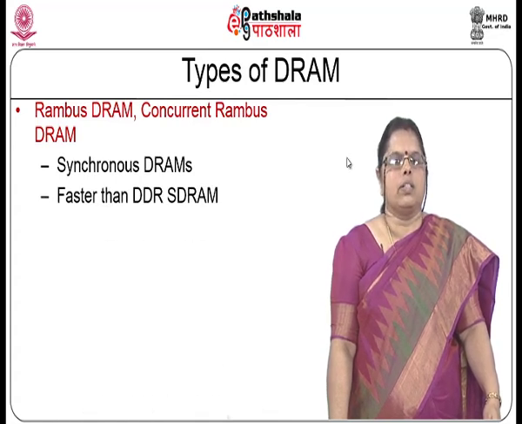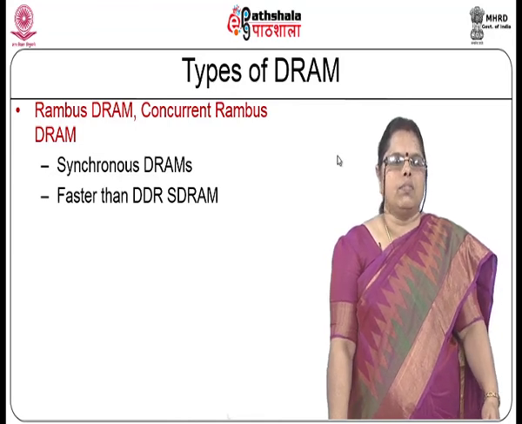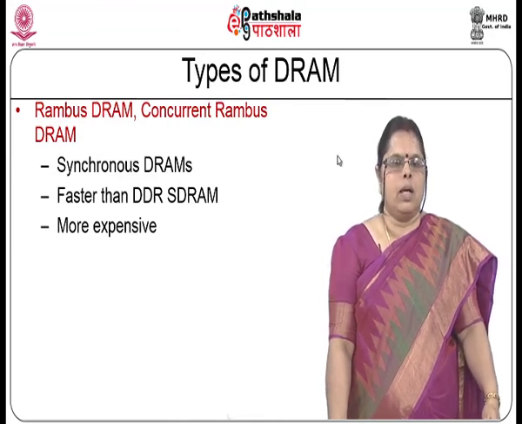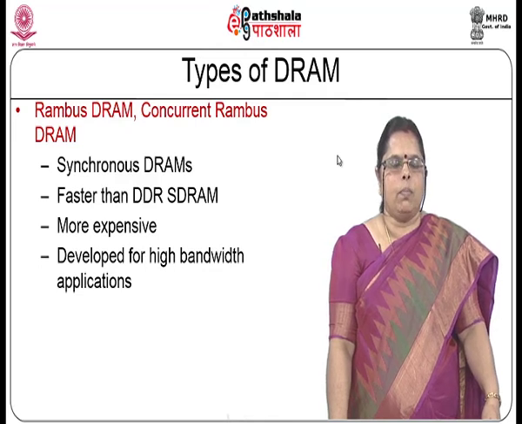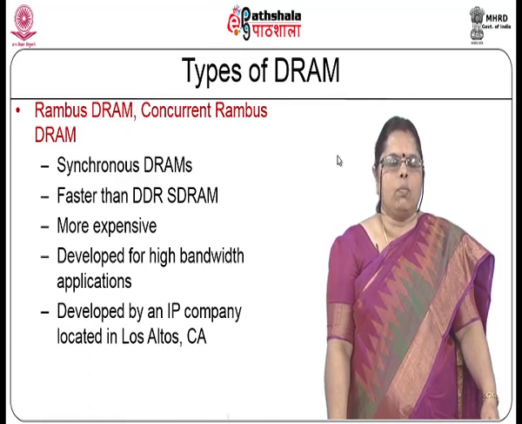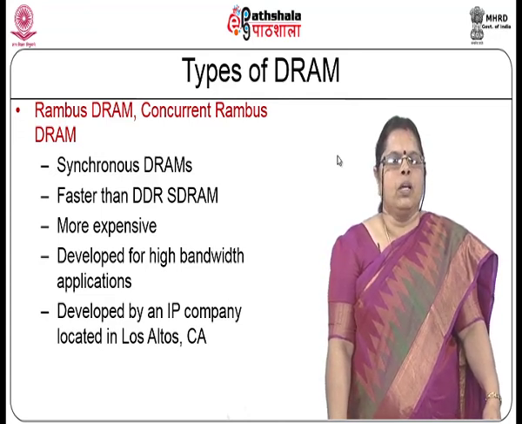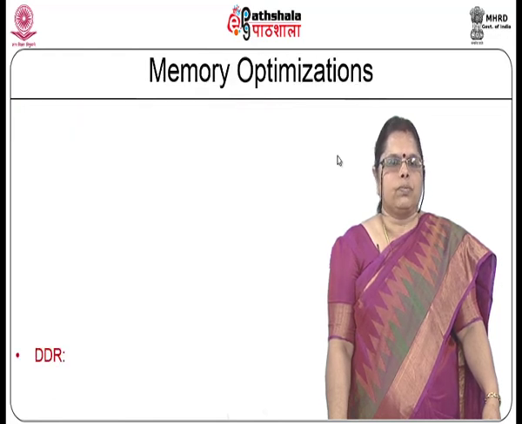All these are extensions of the synchronous DRAMs that were proposed earlier. All these are faster than the DDR SDRAM, but they are more expensive. They were basically developed for high bandwidth applications. The Rambus DRAM was developed by an intellectual property company located in Los Altos, CA, and this was tied up with Intel for the Pentium 4 motherboards.